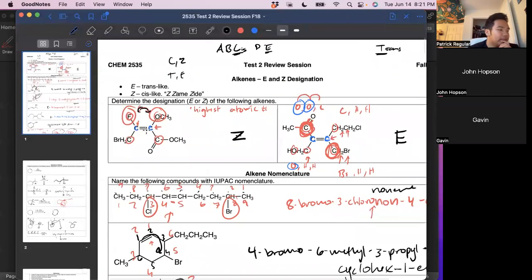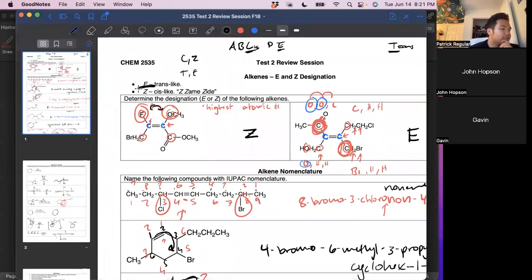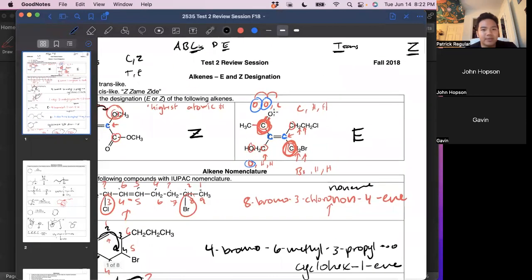Something that Dr. Burke also uses is that cis is the same side, and you can use that as Z. If you're more into mnemonics, that's also super helpful. But personally, I like the alphabet because it makes more sense to me. If I know C and Z are paired, then E and T have to be paired because they're the opposite pair. They're what's left. Okay, gotcha. As long as I know C and Z are paired, I can assume E and T.